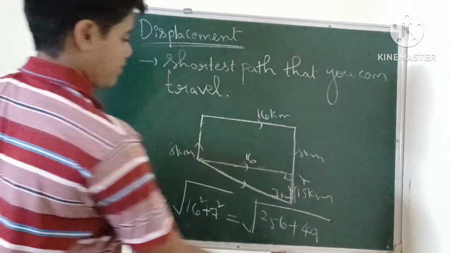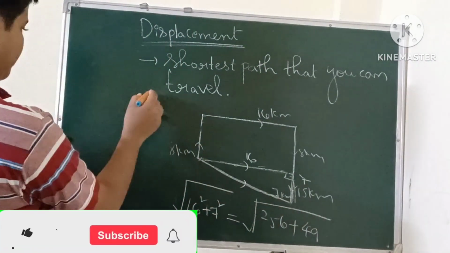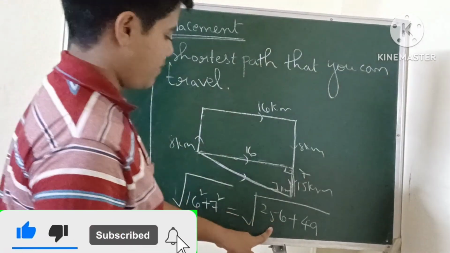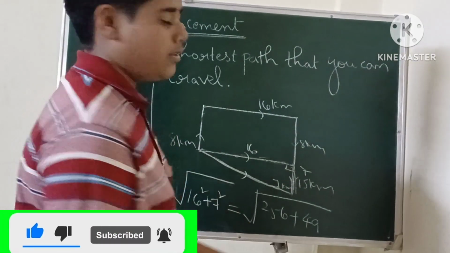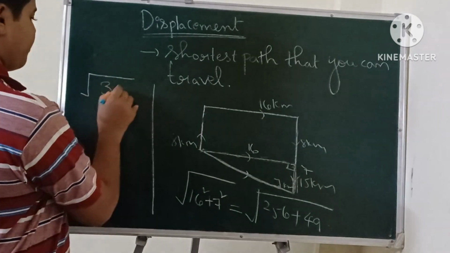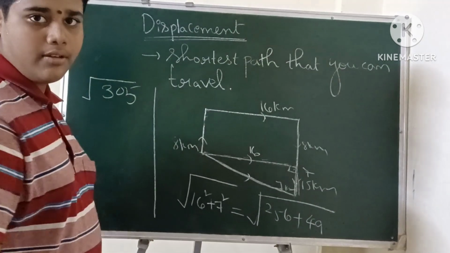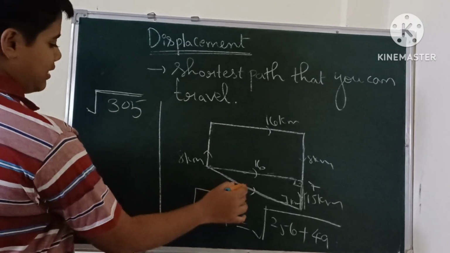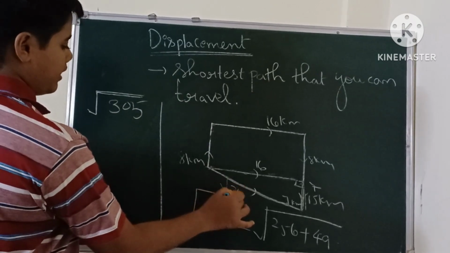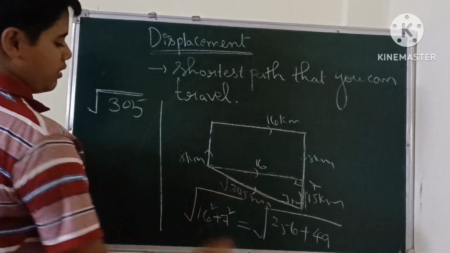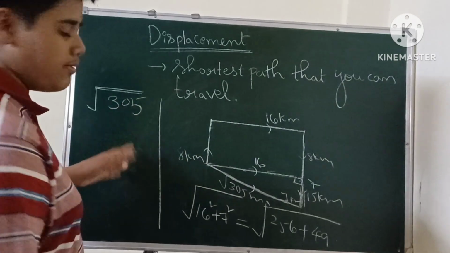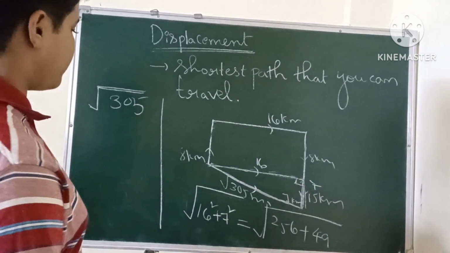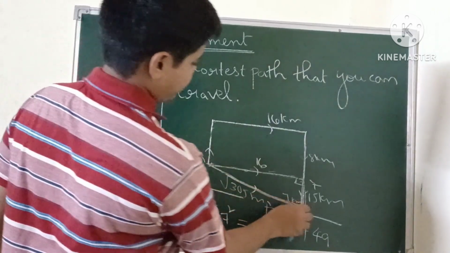Root over 256 plus 49 means root over 305. This is the value of the hypotenuse, root over 305 kilometers. We cannot simplify it further. So this is the displacement.